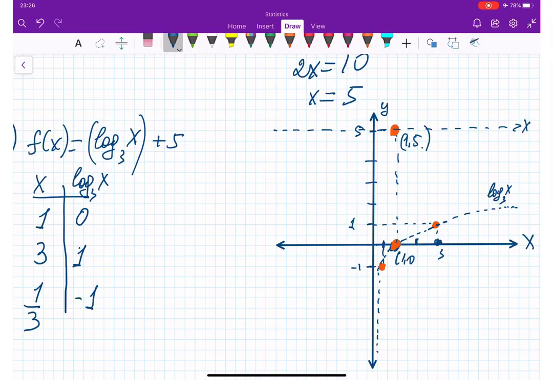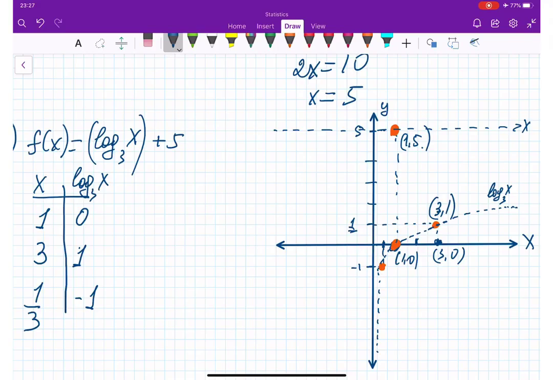So which means 3 and 0 will become 3 and 5, and this point I'm interested in, 3 and 1, will become 3 and 6, right? Because y is going to change by 5. So 1 plus 5 is going to be 6.